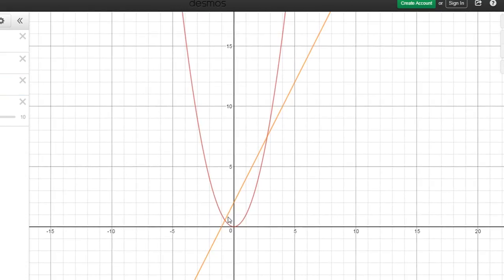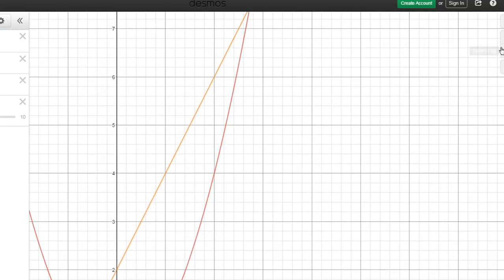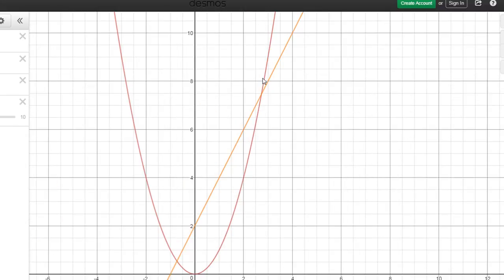Zoom out, find these points. Desmos is very good with this. It'll find that point, it'll find this point, and those are our 2 points where we change from less than to greater than. First point, second point. That's where we switch over from less than to greater than at those 2 points.